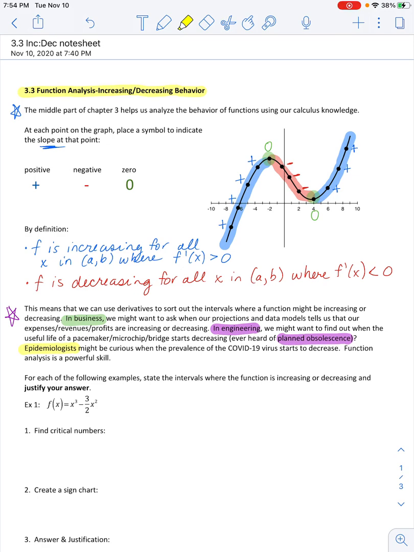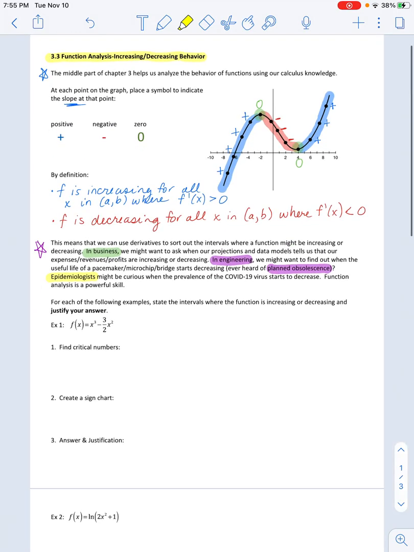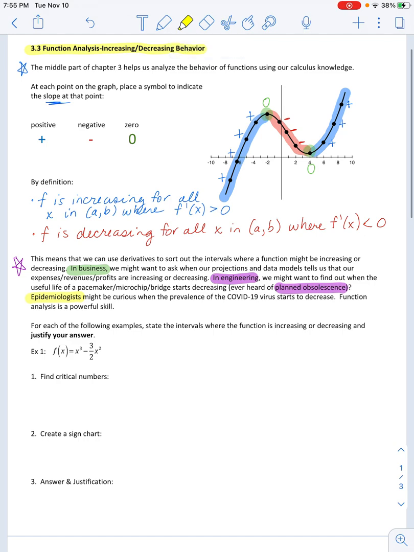So in sum, it says that function analysis is a powerful skill. Now, do these people in business and in engineering and in the sciences use their hands to take derivatives and establish places where a function's increasing or decreasing? No, we know that they don't. But the person that wrote the computer program that they use to decide where a function might be increasing or decreasing probably does.